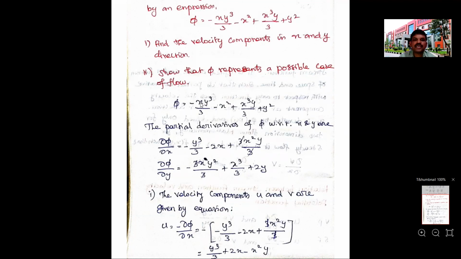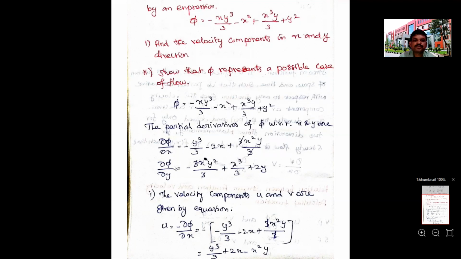Only x is there, so this term cancels. We get minus y cube divided by 3 minus 2x plus 3x square y divided by 3, and the y term cancels, so this 3 gets cancelled.